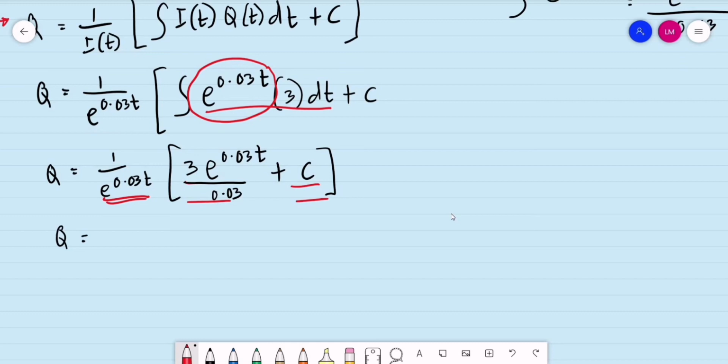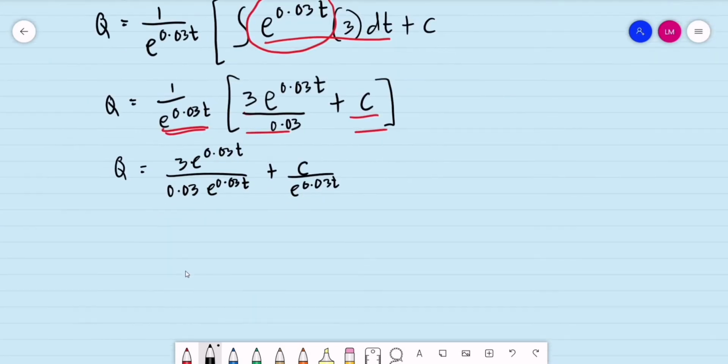So that will be q equal to 3 e raised to 0.03 t divided by 0.03 of e raised to 0.03 t, plus c divided by e raised to 0.03 t. Then we simplify.